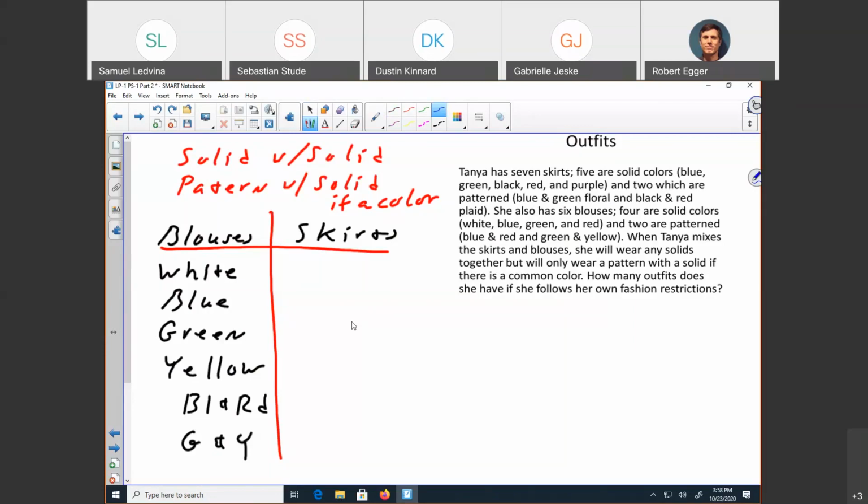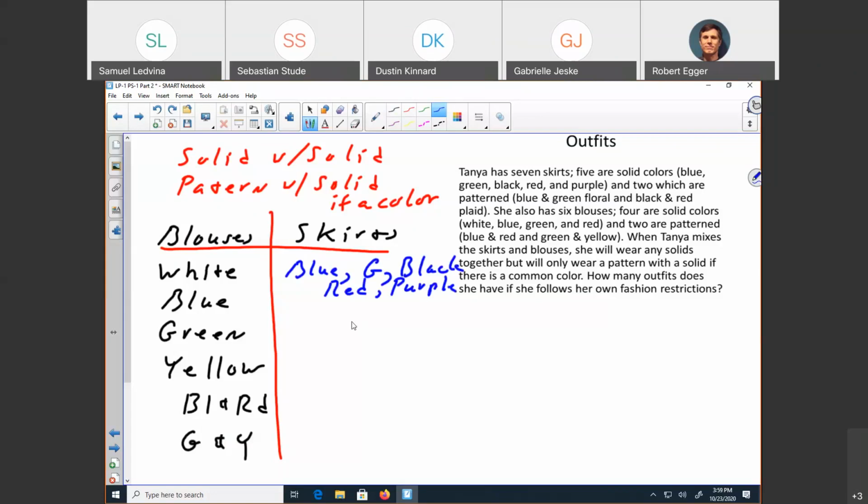Now, according to her color scheme, a solid will go with any solid. So what color skirts do we have? We have blue, green, black, red, and purple.